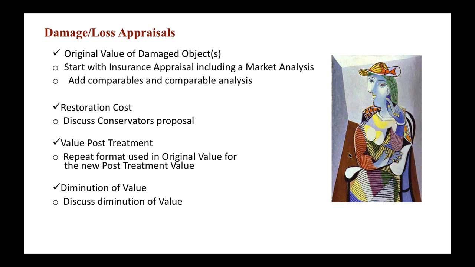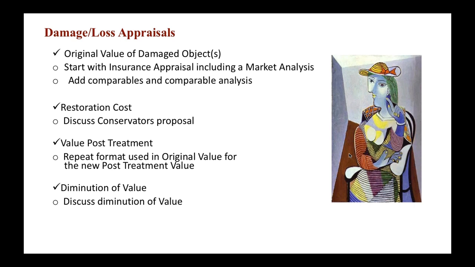If you're also doing this appraisal while the work is still damaged, then you have to use your hypothetical conditions. A hypothetical condition is: as of the effective date, the work is still damaged, and you are hypothetically going to apply a value as if it was conserved.